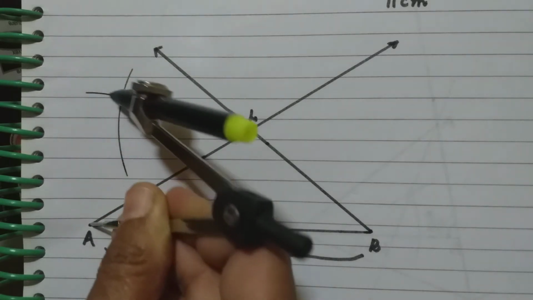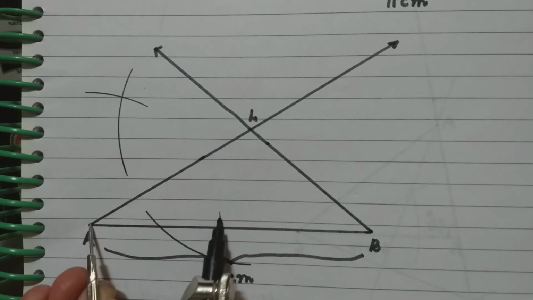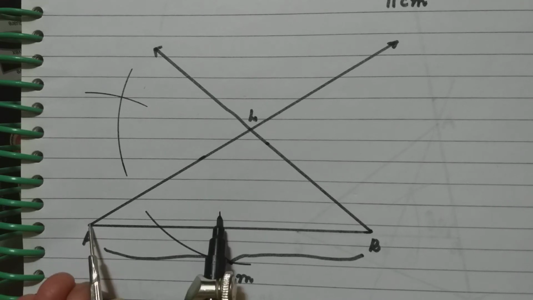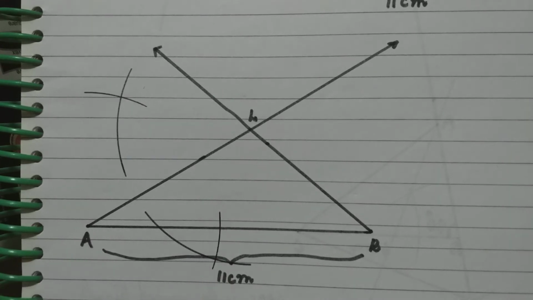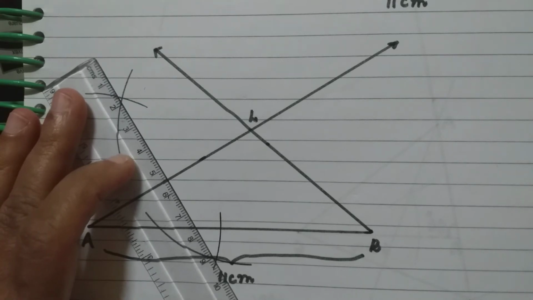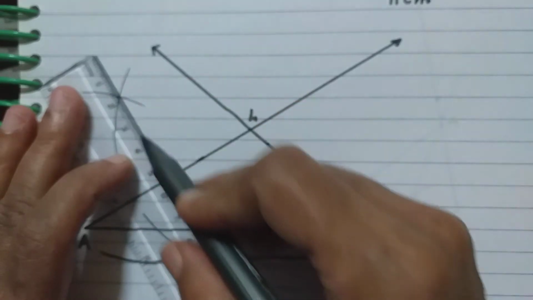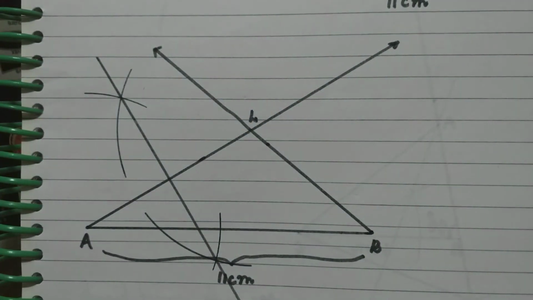I will cut this arc here and again cut this arc here. So now I have to draw a line passing through the point of intersection of these two arcs, which will be the perpendicular bisector.